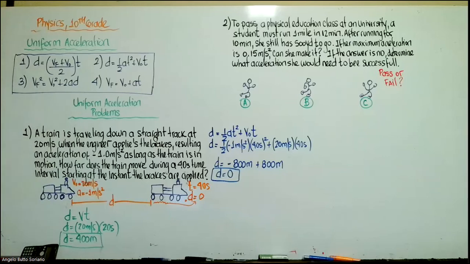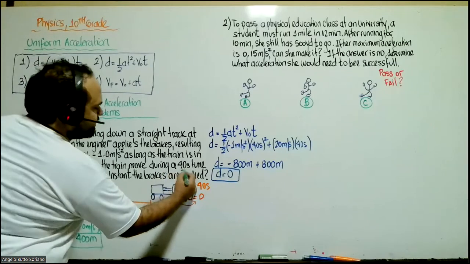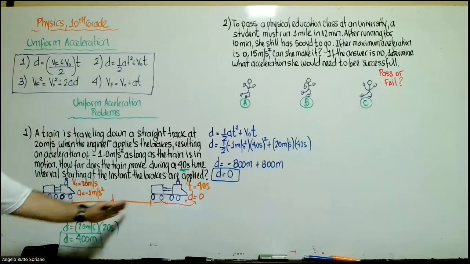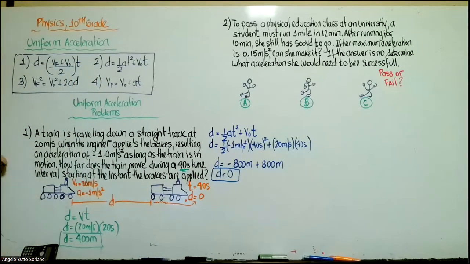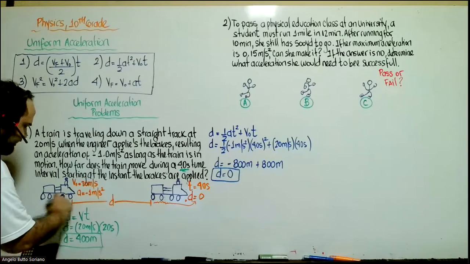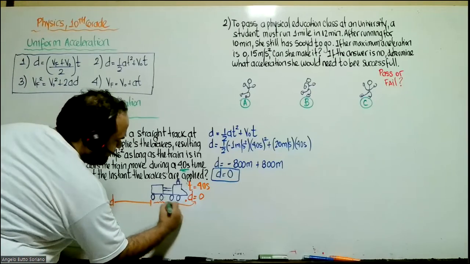So the initial velocity of the train will be the same, 20 meters per second, and we're going to stop the train in the last 20 seconds, completing the period of time of 40 seconds, to obtain the distance traveled, the separation between event A and event B.